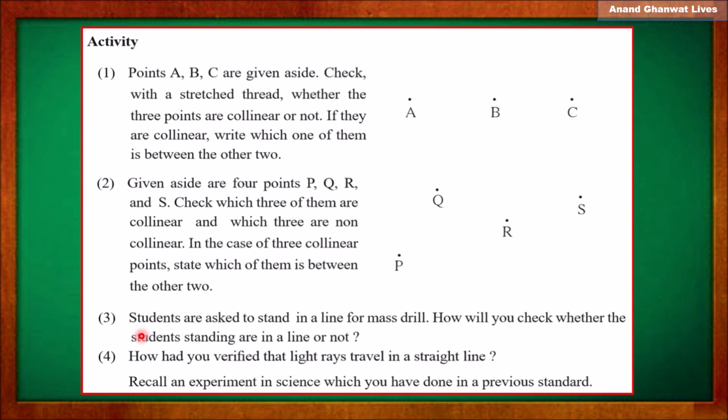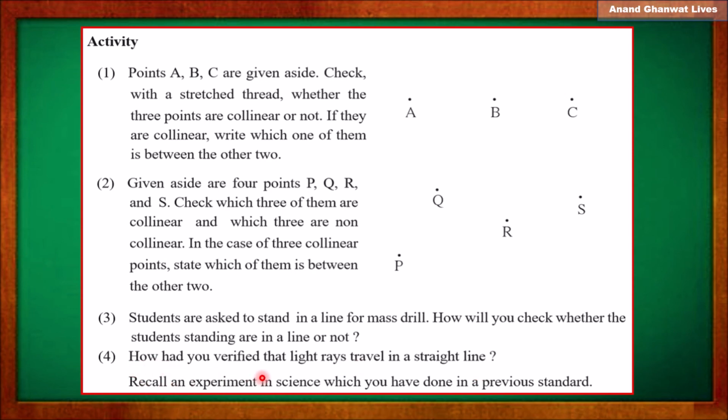Now third, students are asked to stand in a line for mass drill. How will you check whether students are standing in a line or not? Of course, you can give the answer of this activity. Now next, fourth: how had you verified that light rays travel in a straight line?